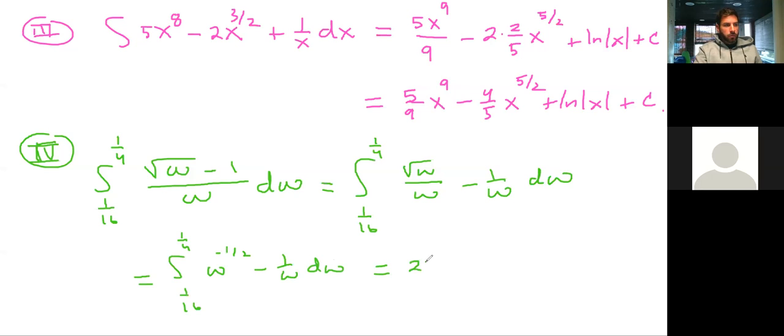This becomes 2w to the 1/2 minus the natural log of w. And I evaluate it at these points.